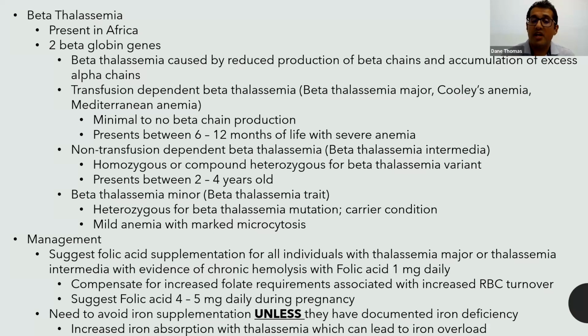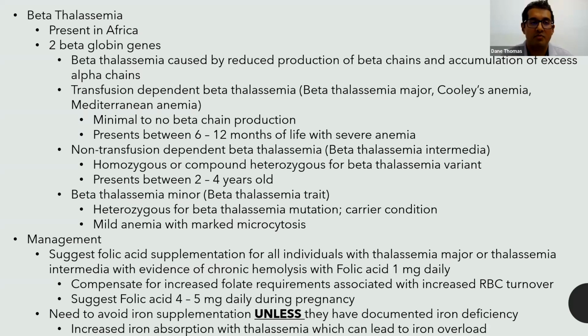You do need to avoid iron supplementation because there is increased iron absorption with thalassemia, which can lead to iron overload, unless they have documented iron deficiency. If they have a low ferritin, low iron saturation, please feel free to give iron supplementation with oral iron or IV iron.